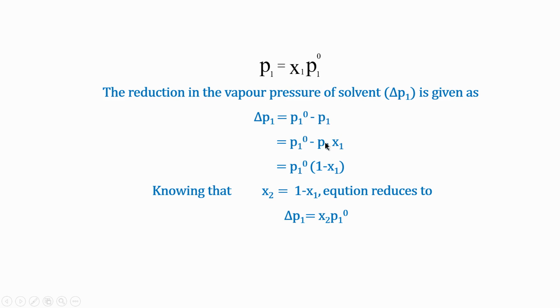Substituting, P1 naught can be taken out, and we have 1 minus x1. Knowing that x2 is nothing but 1 minus x1, because it is a mole ratio, we can write delta P1 equal to x2 into P1 naught.